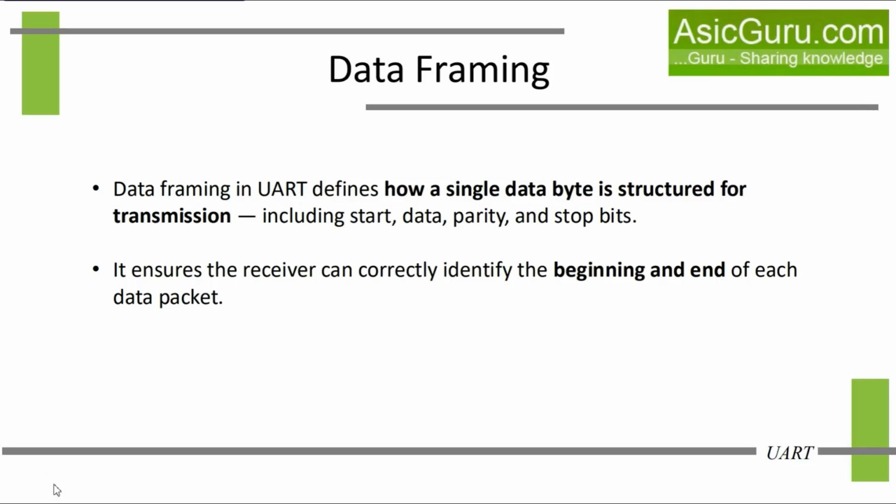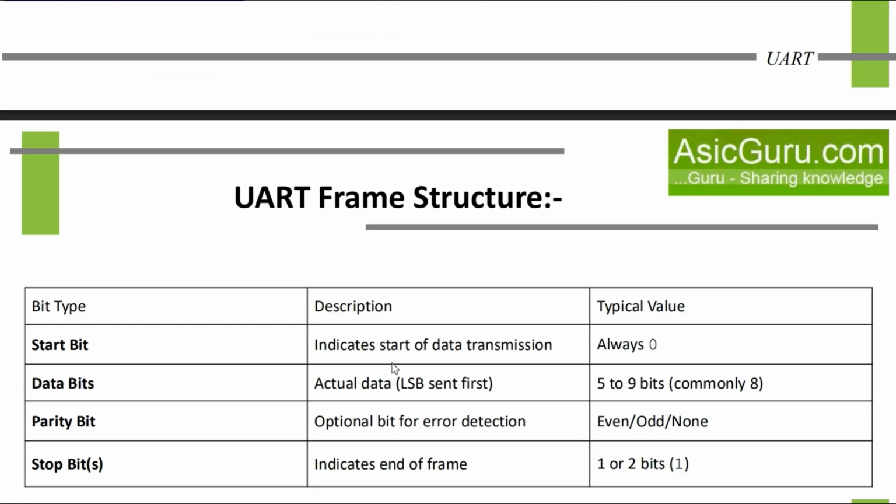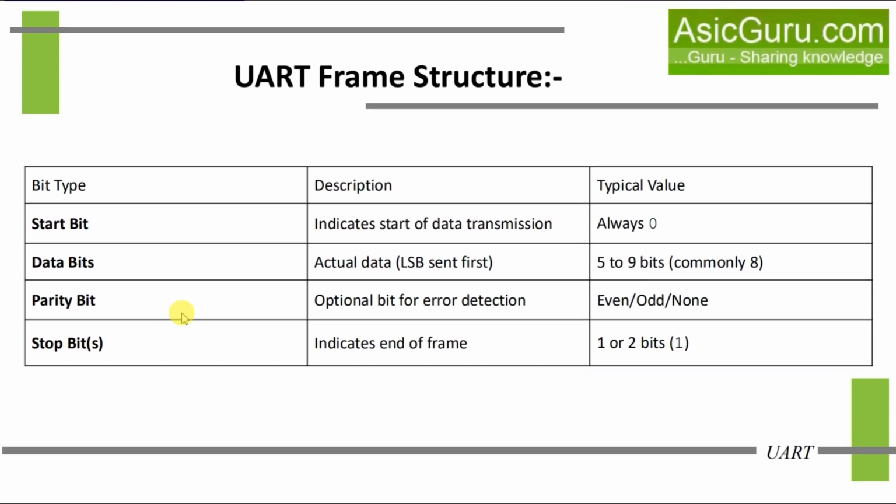Next, let's see about data framing, which defines how a single byte of data is structured before transmission. A UART frame usually includes a start bit, data bits, parity bit, and stop bits. A start bit is always 0 and it indicates the beginning of the transmission.